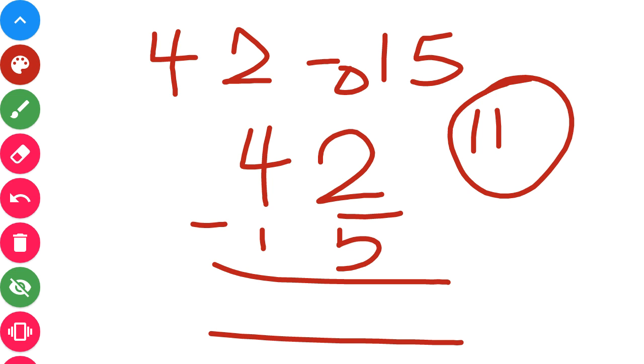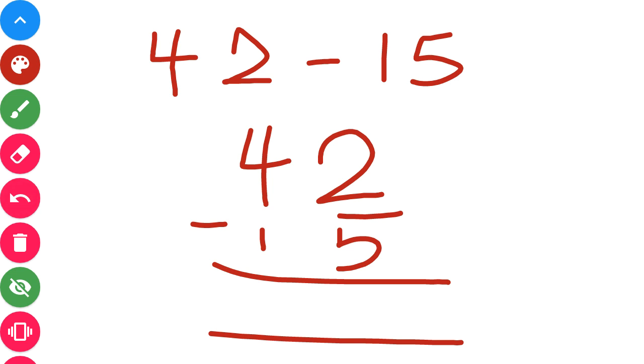You have only 2 toffees. So, can you give me 5? You only have 2 toffees. So, can you share 5 toffees with me? No. So, 2 is a smaller number. 2 is smaller than 5.